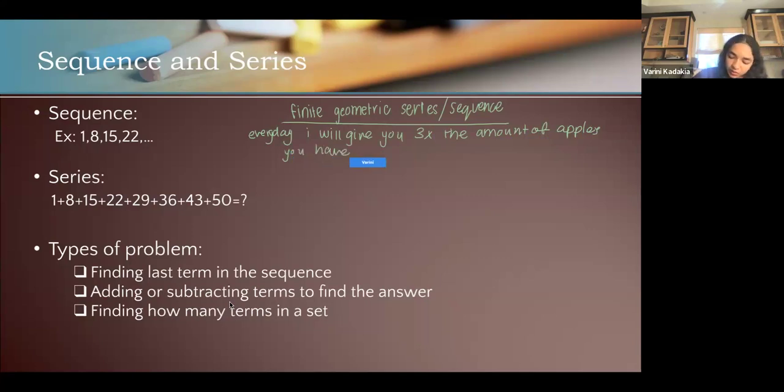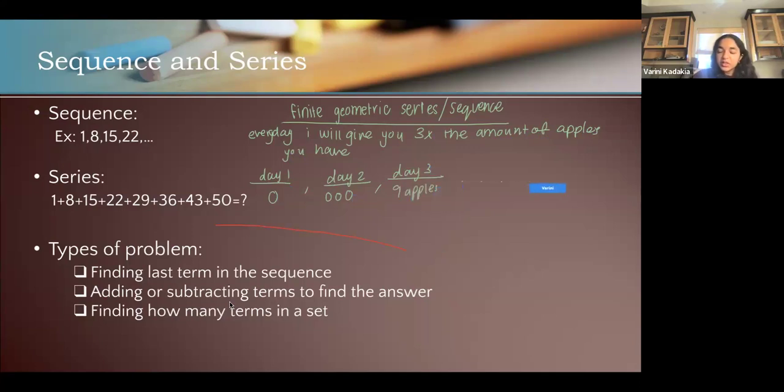Right? So day 1, you have 1 apple. Day 2, you have 3 apples. Day 3, you have 9 apples. Right? And so on.